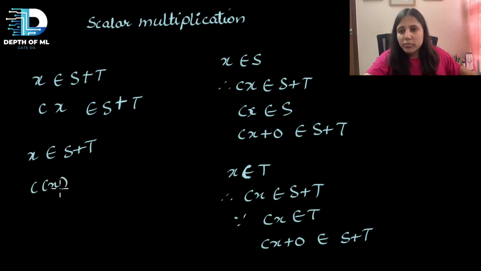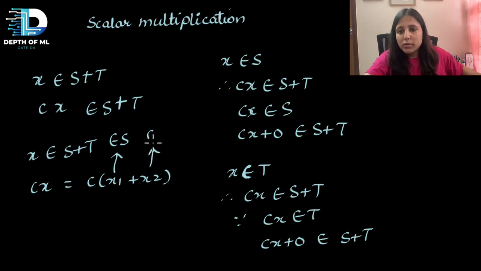Then C of x is nothing but C of x1 plus x2, where x1 comes from S and x2 comes from T. So x is a vector that came after I added a vector from S and a vector from T. They were not individually present in S and T. This is important, focus on this particular part. Then Cx should belong to S plus T.